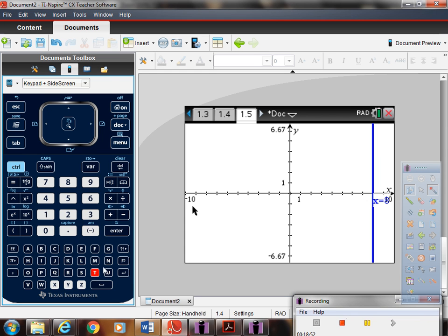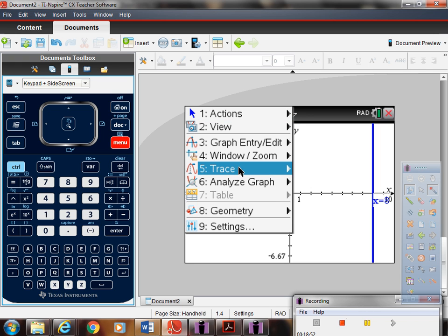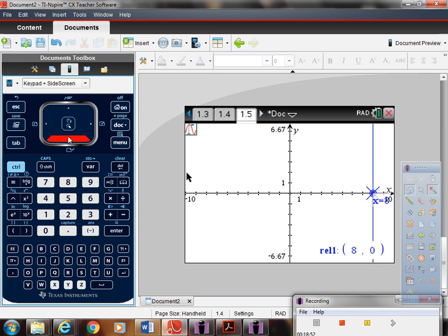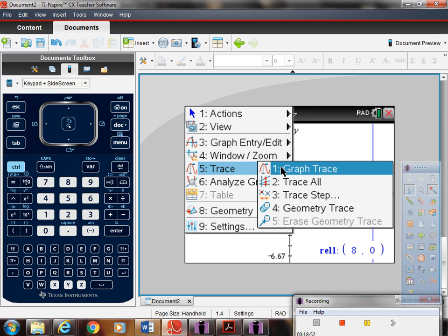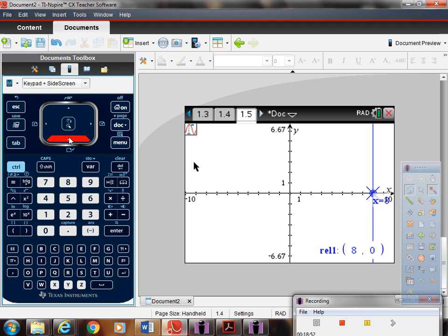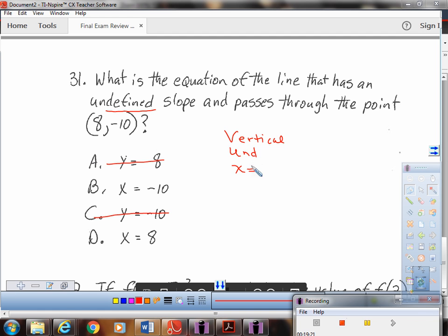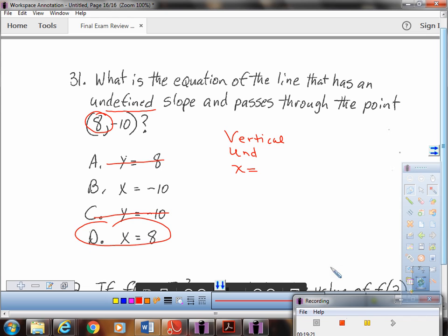Might not give us a table because it's a vertical line, but you can also go to trace. And it won't move. Why? Graph it out. When in doubt, graph it out. There's your X right there, so it is going to go to that one.